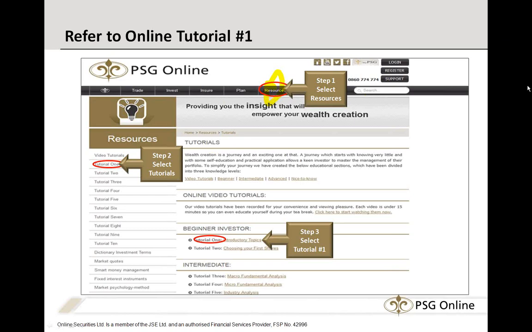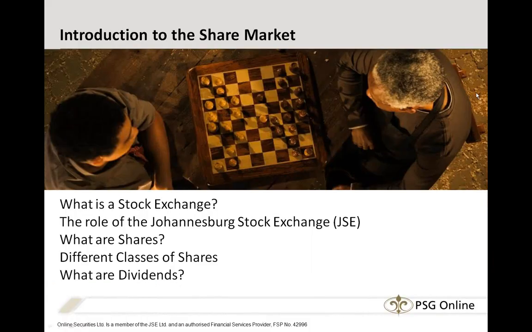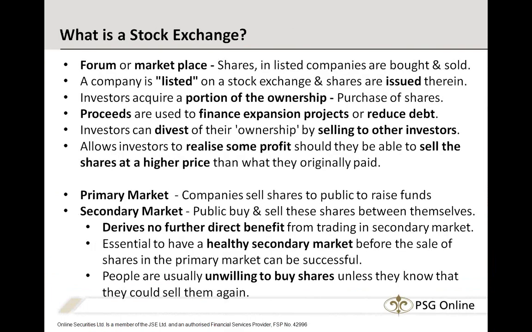Okay, let's move forward. What I'm going to discuss is just the basics, introductory topics, and let's kick off with what is a stock exchange. Basically, it's a forum or marketplace where shares in listed companies are bought and sold. So there's two parts to it.